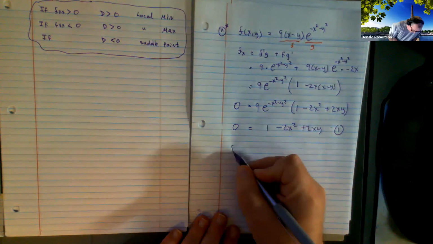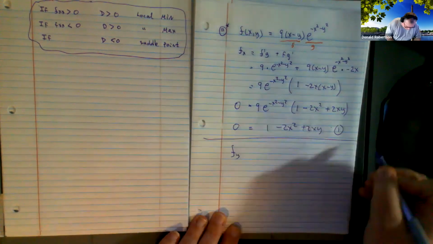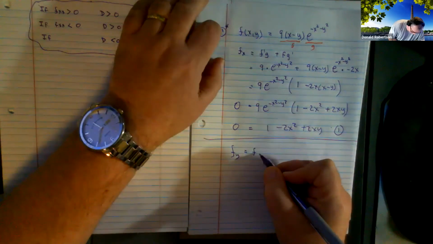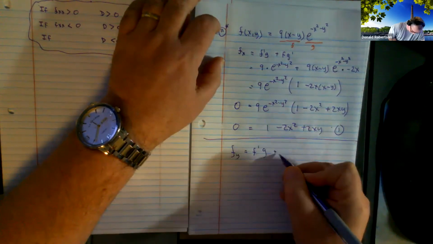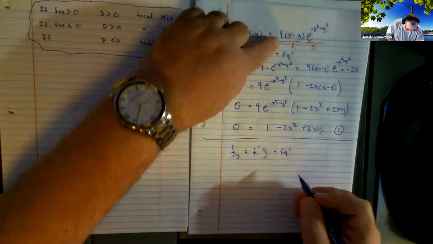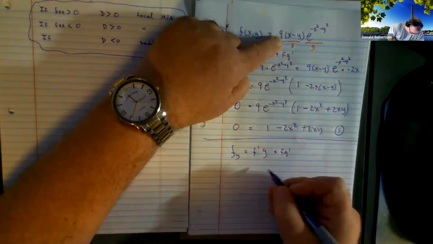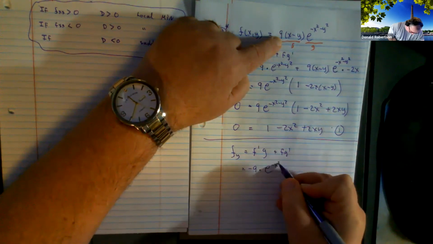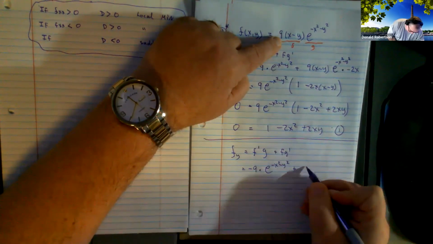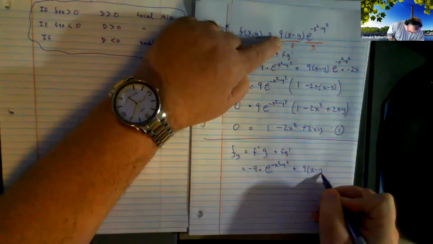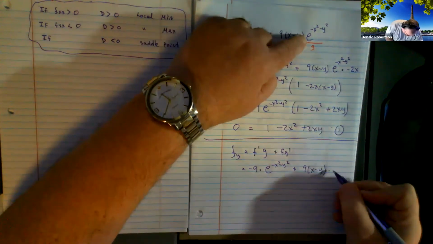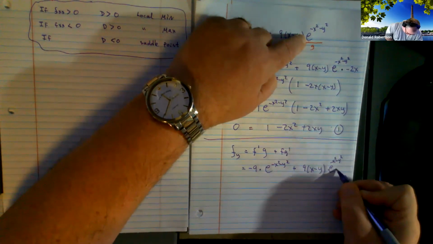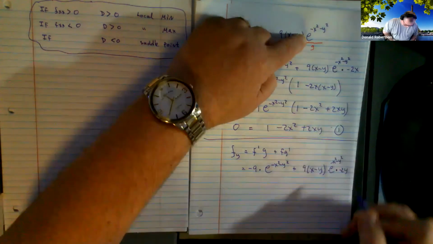Now, if I then start all over again, but do it with respect to y, I'm also going to have a product rule. If you differentiate this with respect to y, you will get a -9, not a +9. And then you leave the other guy alone. And then you leave the first guy alone. And you differentiate that, and you get e to the -x² minus y². And because of the chain rule, you get -2y.